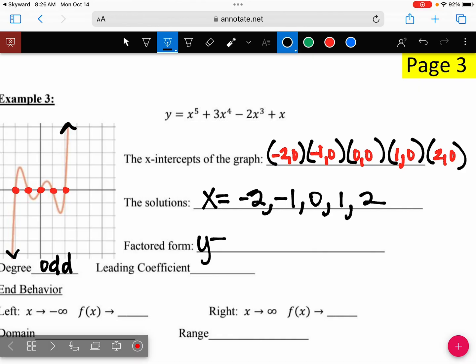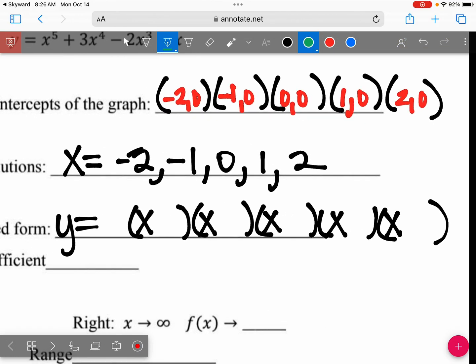All right, so let's write our factor form. So we got 5 zeros, so we need to put 5 parentheses. And remember, you flip the sign. So we got a +2. We have a +1.